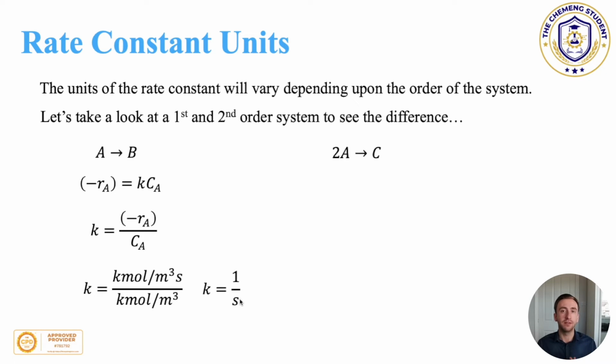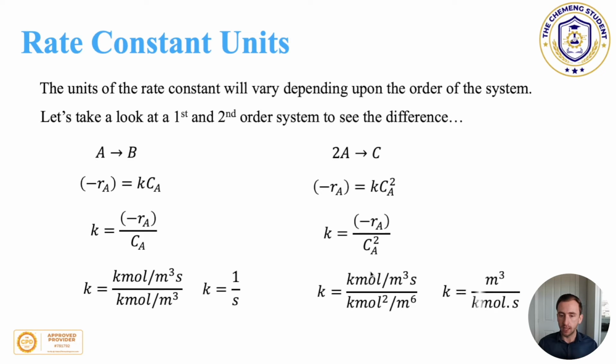Now, say for example we have a 2nd order system, then we now have CA to the power 2, which means our denominator has to be squared. Now you can clearly see the impact the order has on the reaction rate constant units. We've gone from 1 over seconds to meters cubed per kilomole second for a 2nd order system. And you can apply the same thing for 3rd order, 4th order, and so forth.